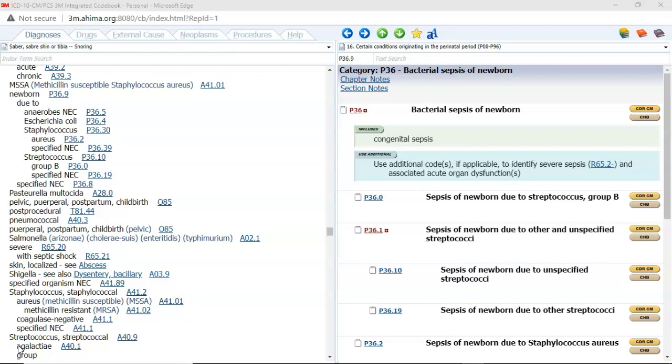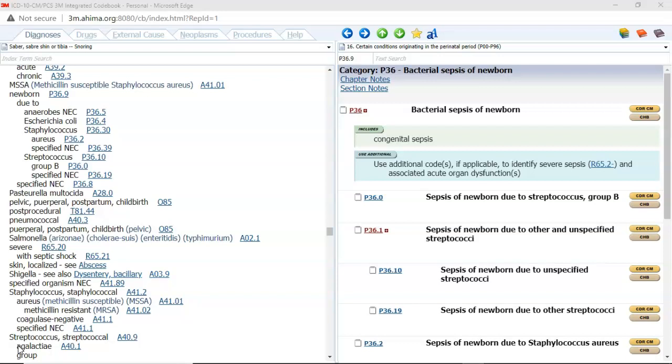And typically, if an infant is a stillborn, it is not born alive, it does not have its own medical record. All the information about that infant are included in the mother's record, and you apply an OB code indicative of a fetal death. But you would not ever put this code, P95, on the mother's chart.